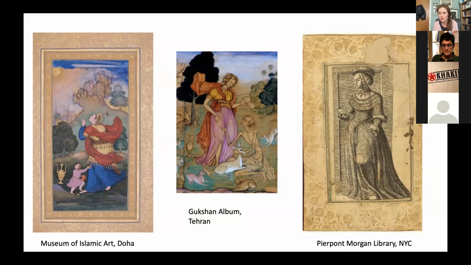Even though it's all put together, you can see how there was originally a different image here, and then this engraving has been pasted in later on. But the way in which it's been cut out, the way in which it's framed, the way in which it's put into the page, again really emphasizes the presence of the woman here.